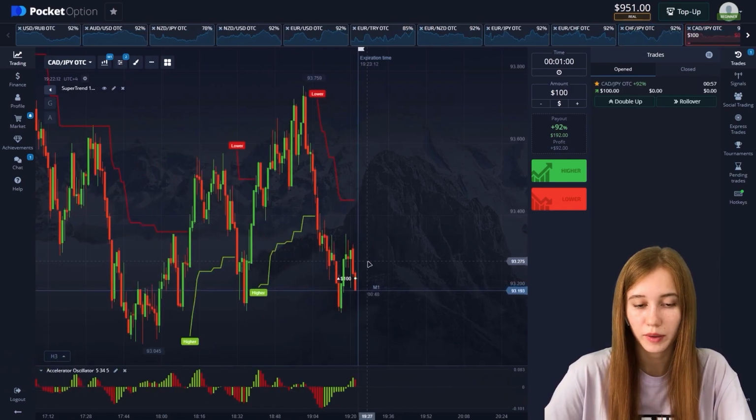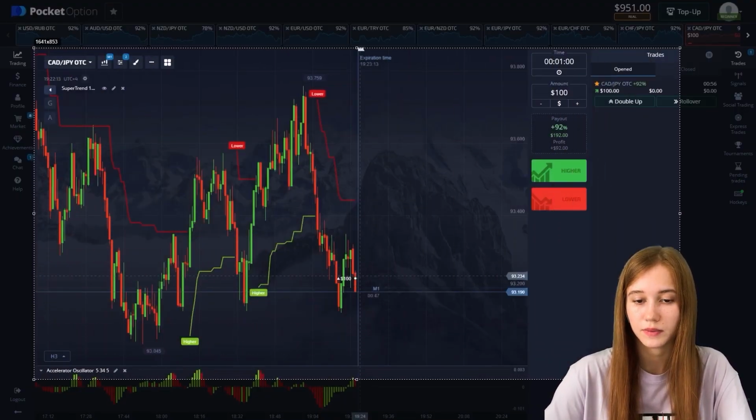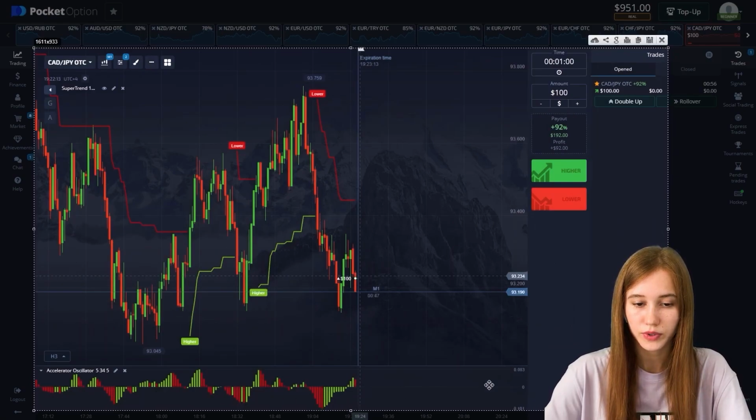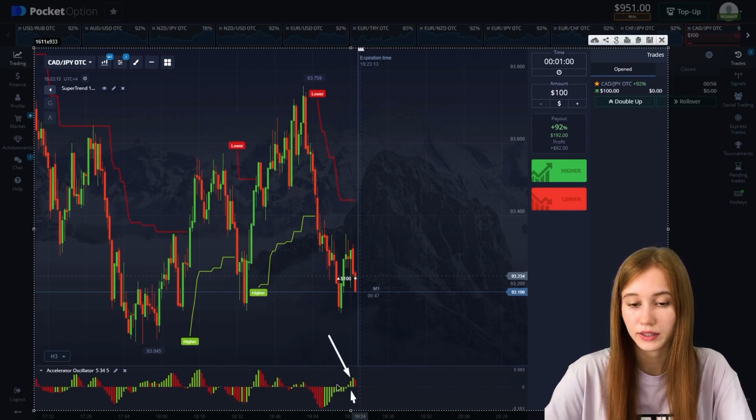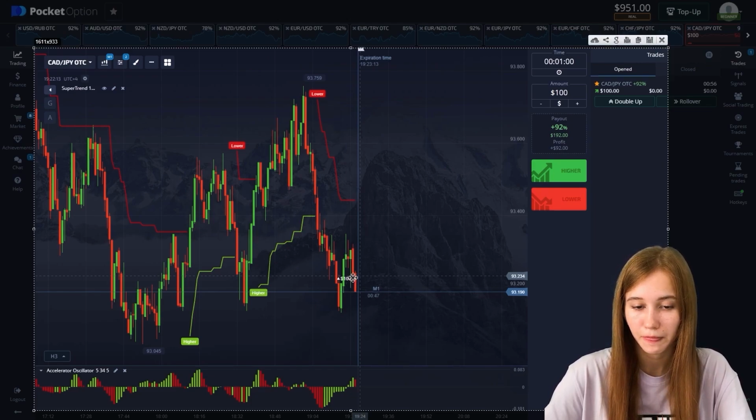So let's open up and let's start our technical analysis. So first, if we look at the oscillator, we clearly see that we have a certain period of uncertainty. Although if we had entered earlier, we would have opened with a profit because we had two good green bars. But we didn't have time.